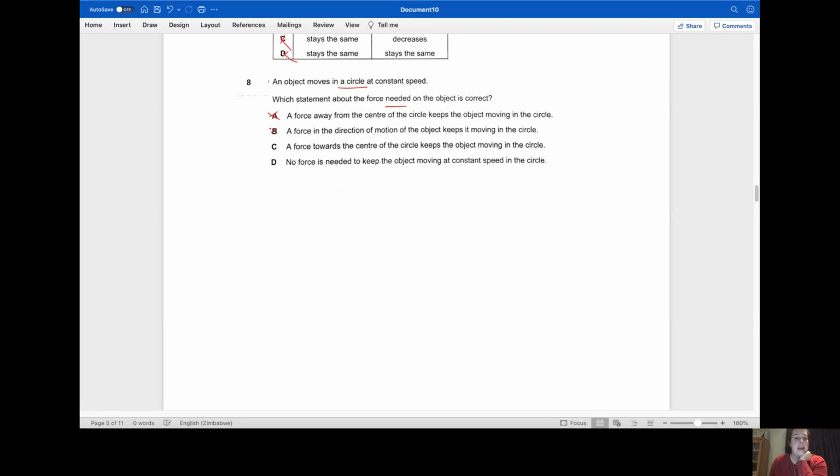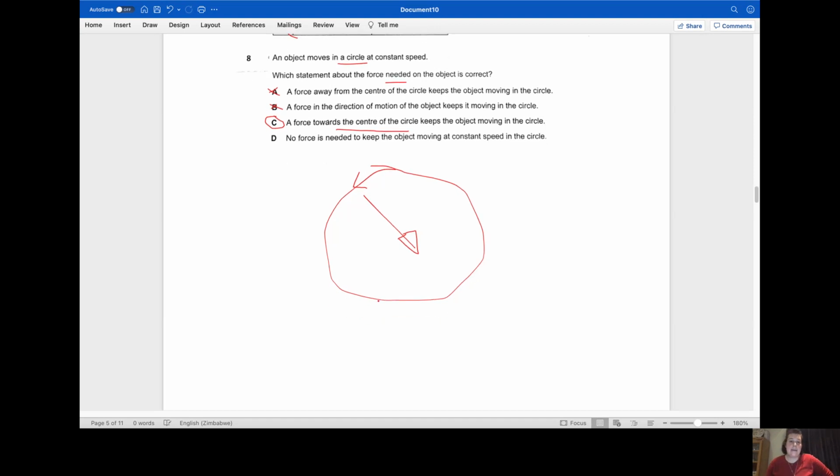No. Your centripetal force acts towards the center of the circle. Remember, if you're moving in a circle, it's the centripetal force acting inwards that keeps you going in a circle. So your answer for number 8 was C.